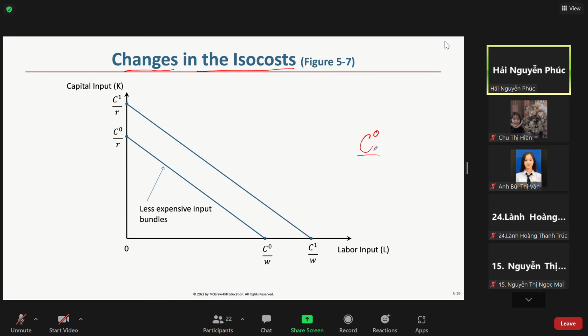Now, if we have more money, suppose we have the budget of C1. C1 is greater than C0. Then what would happen? On the graph, we show a shift of the isocost line to the right.